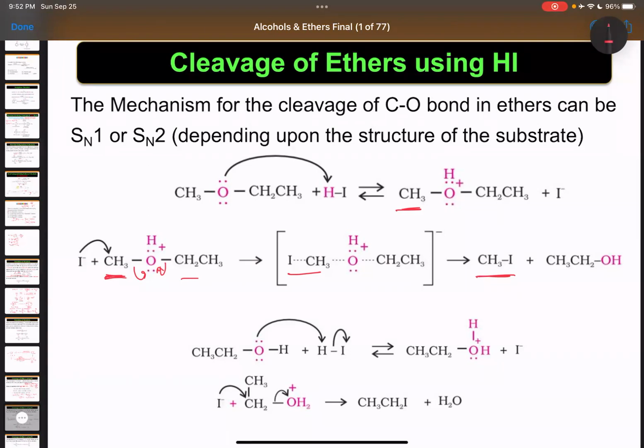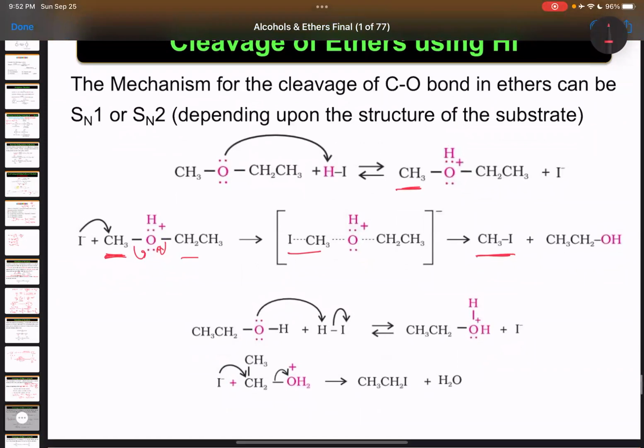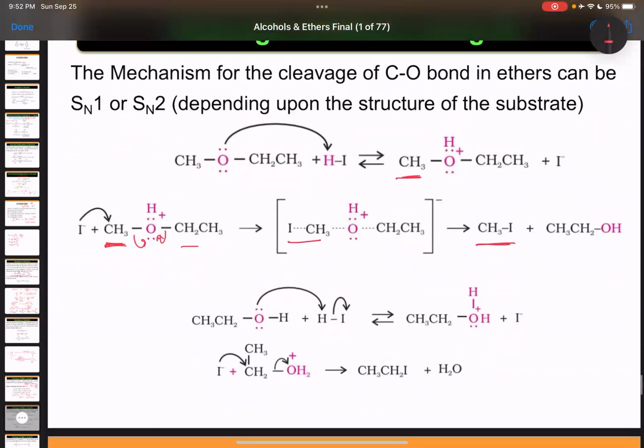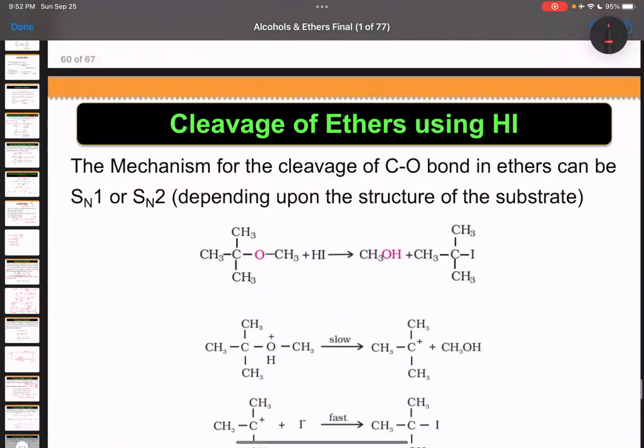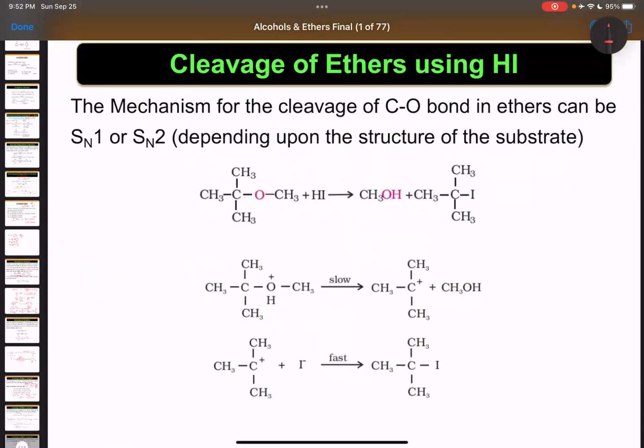So that is SN2. So you will have CH3I and ethanol, but this is not always going to happen. You can have it in the reverse manner also, right? So how is it going to happen in the reverse manner?